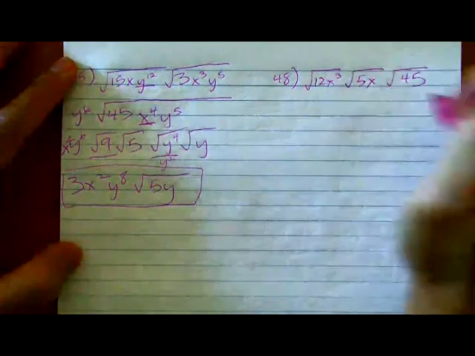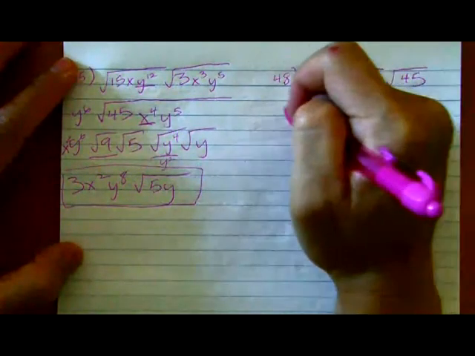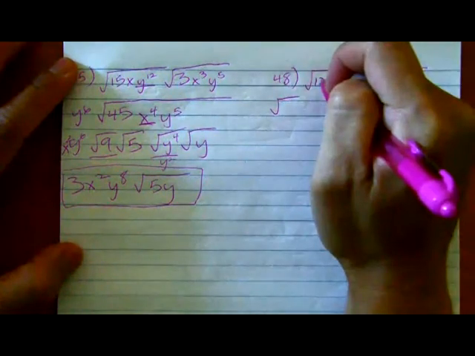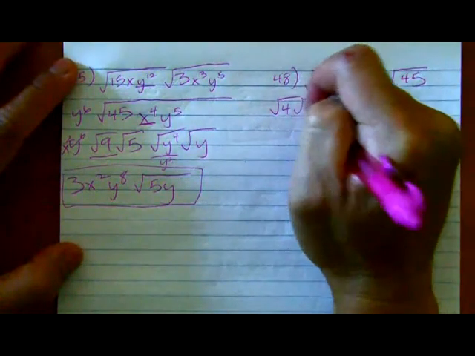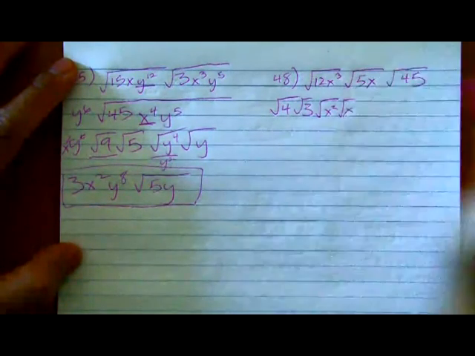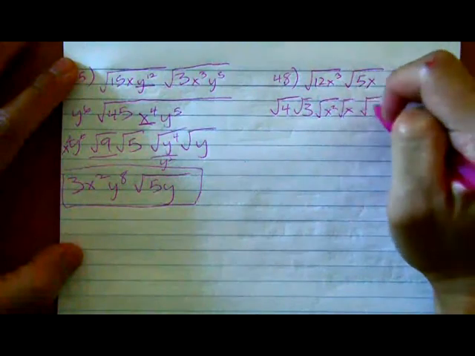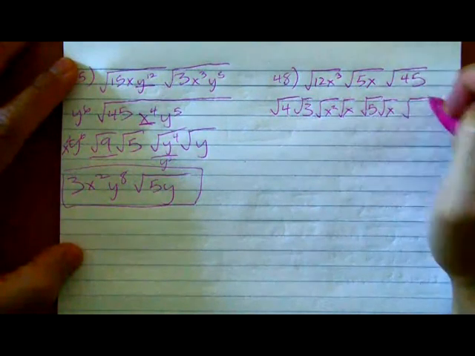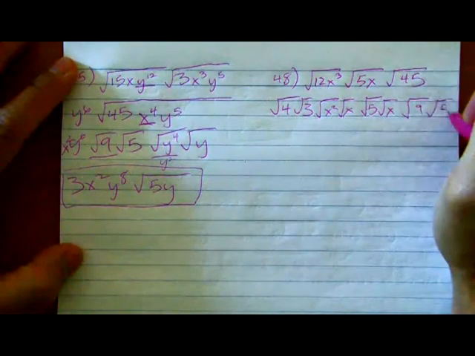So instead of multiplying them all together, I'm going to separate them into factors. The 12 can be 4 and 3. The x to the third, x squared and x. 5x, the 45, 9 and 5.